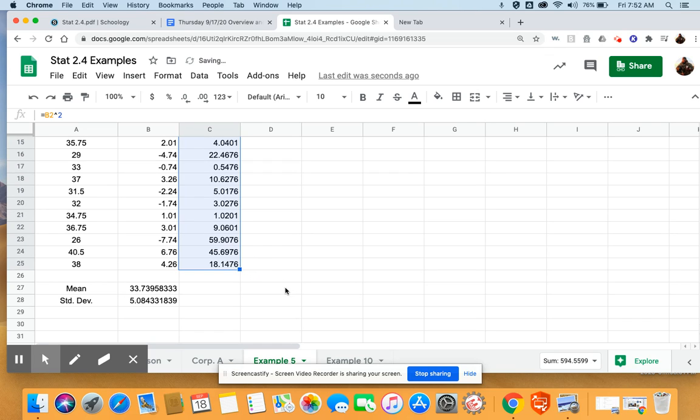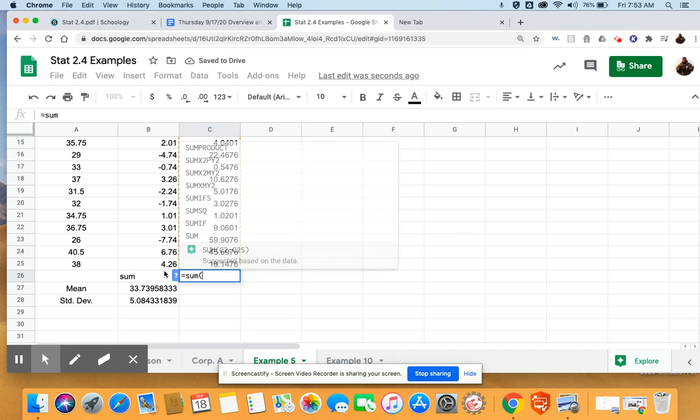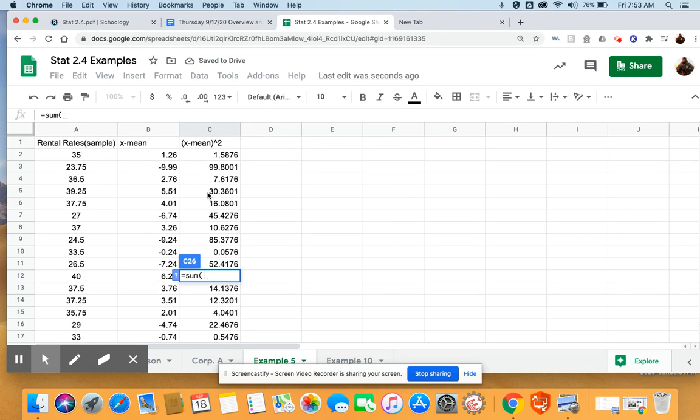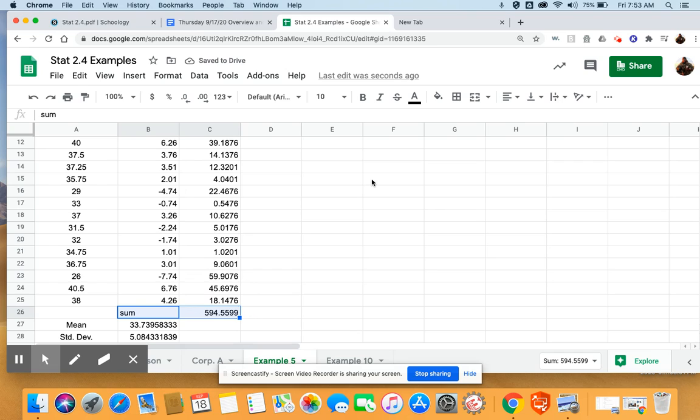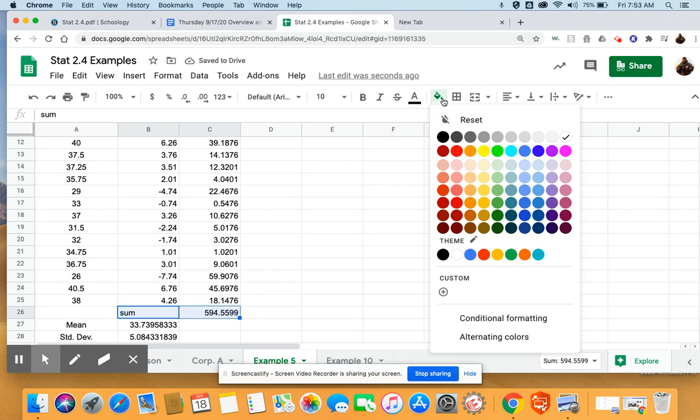We've got that calculated. So the next thing we're going to want to do is find the sum of that. Type it right in here. Sum equals the sum of the information above it. We're going to go ahead and highlight that. We can see that's an important row.